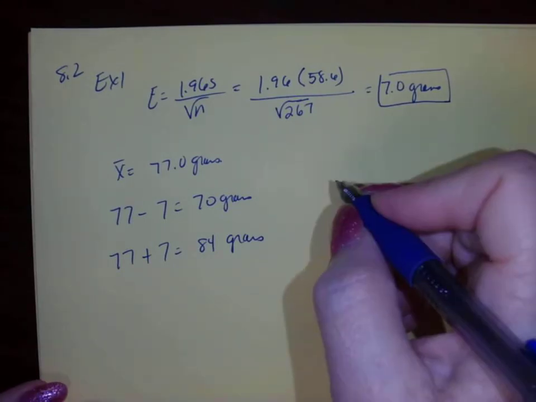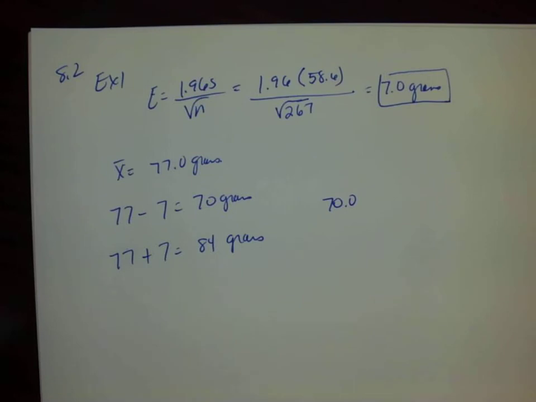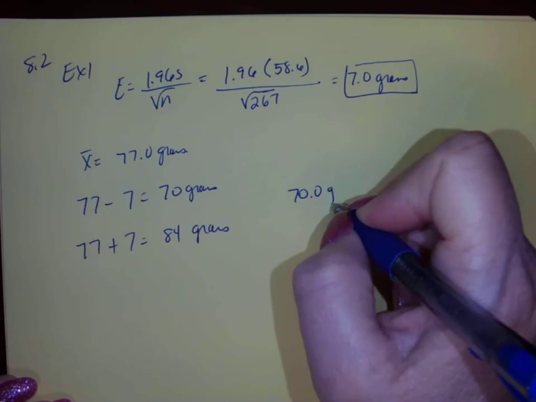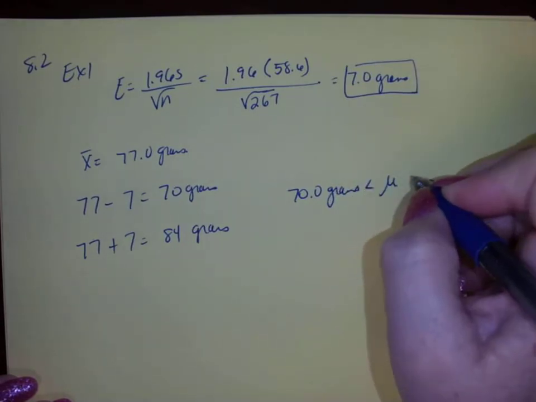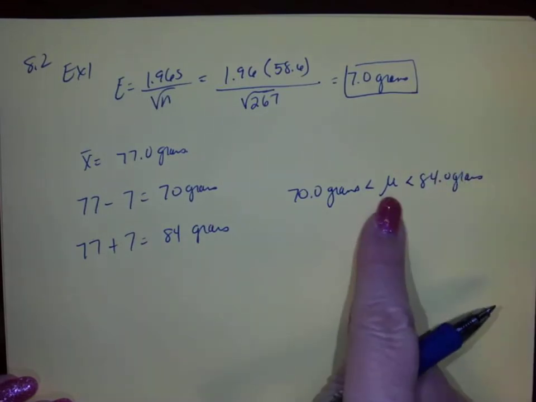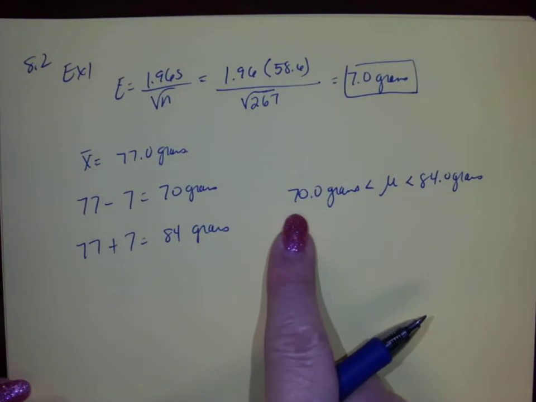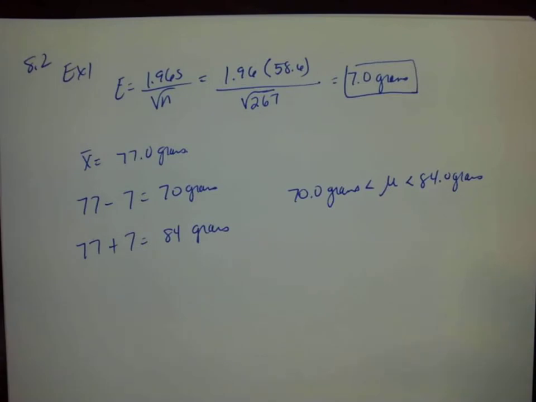So our confidence interval will be 70, and we're going to go ahead and put the decimal place just because of the preciseness so they understand it was 0.0 grams. So 70.0 grams is less than our mu, which is less than 84.0 grams. So this is saying that our population mean is somewhere between 70.0 grams and 84.0 grams with a 95% confidence.